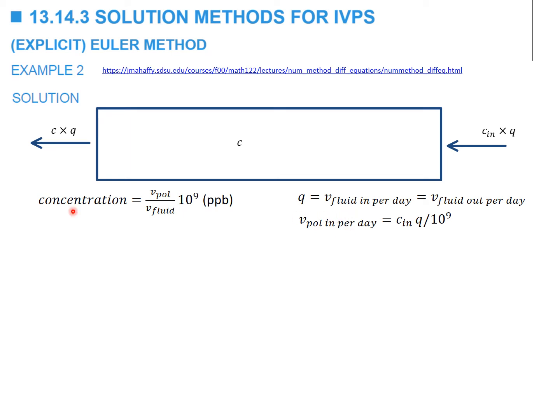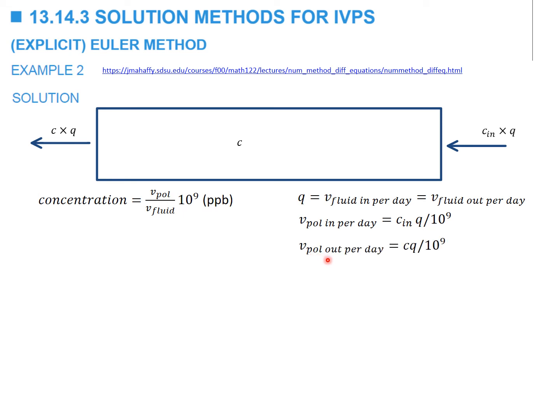If you look at what concentration means and what Q means, you'll realize that the volume of the pollutant coming in per day will be equal to the concentration coming in multiplied by Q divided by 10 to the power 9.